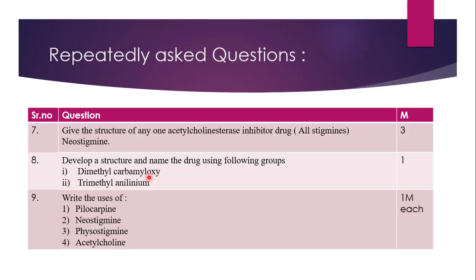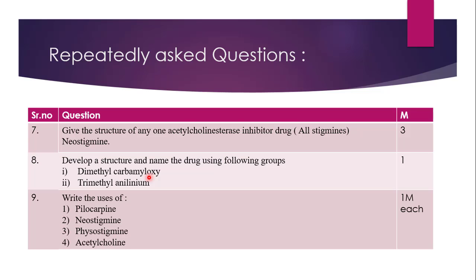So whatever drug has these two features, this will lead to the structure of that particular drug. So here also the answer is neostigmine, and the structure will be developed when you draw these parts of the structure. The question comes for 1 mark, drawing the structure.